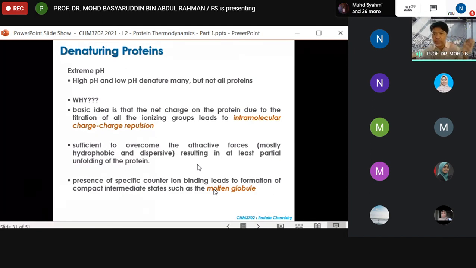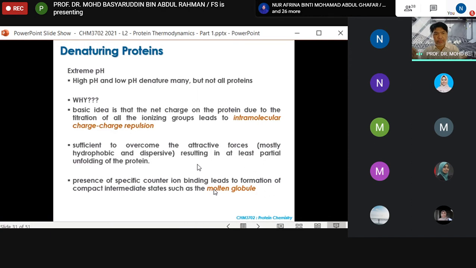Remember, we were talking about opposing charges previously. Now, when we talk about these attractive forces, mostly the hydrophobic and dispersive ones, like van der Waals, this results in at least partial unfolding of the protein. So that is actually what you need to know.